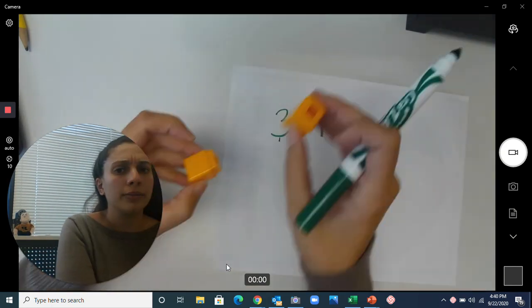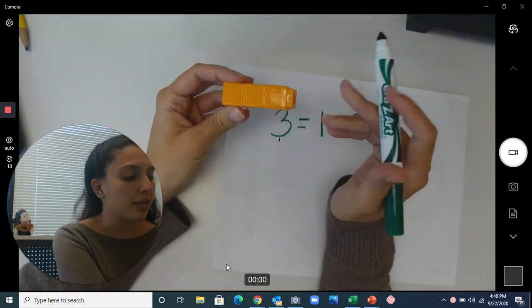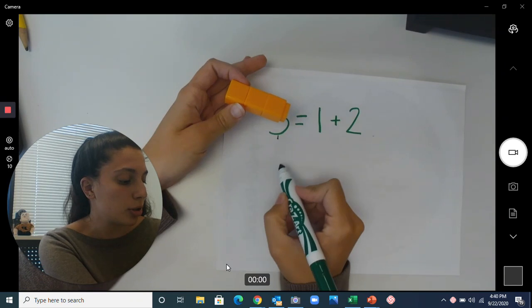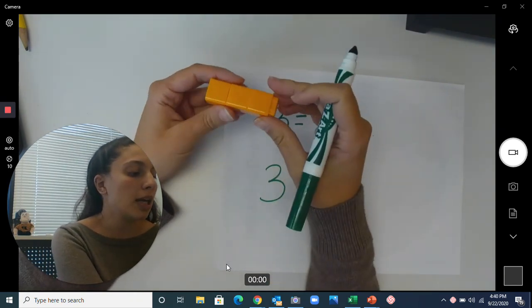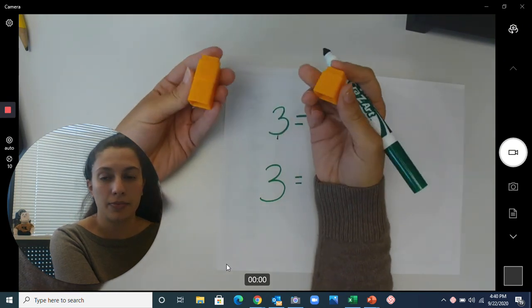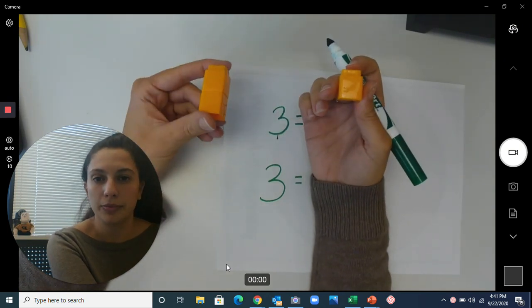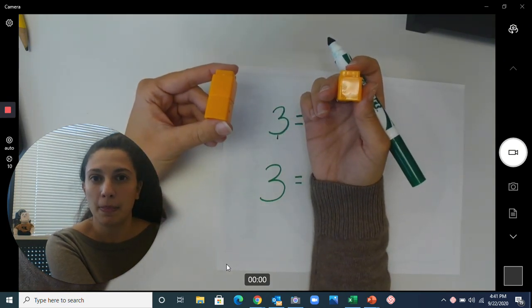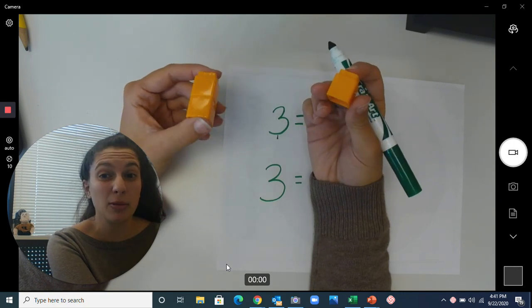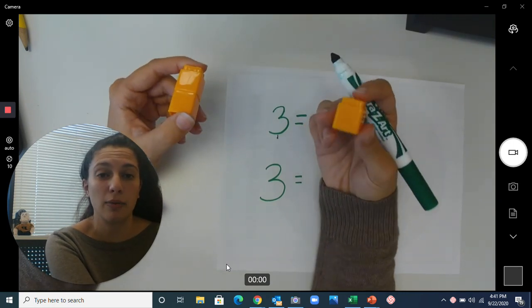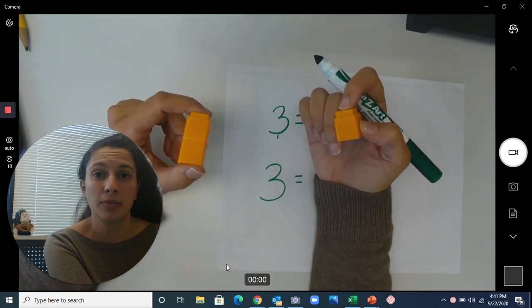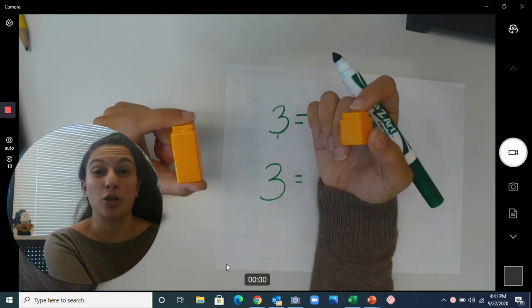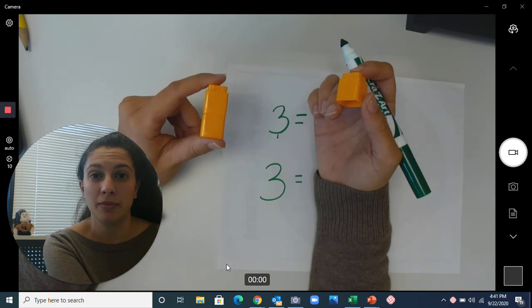Well, now, what if I did this? I have a tower of 3. So I'm going to start with my 3 again, and I break it like this. How many cubes do I have now? Well, I still have 3 cubes because I have 2 cubes in this hand and I have 1 cube in this hand. Did I pick up any more cubes? No. Did I drop any cubes or get rid of any?